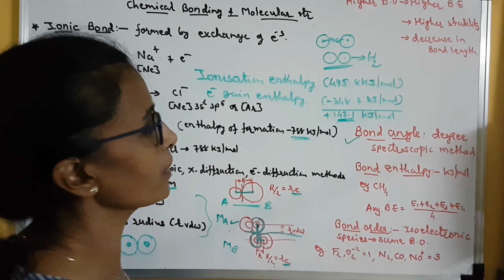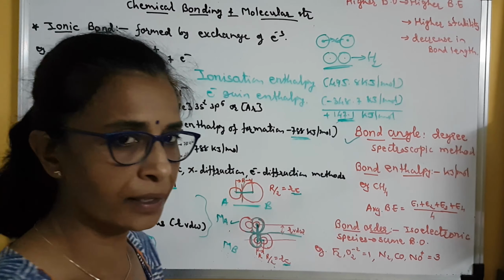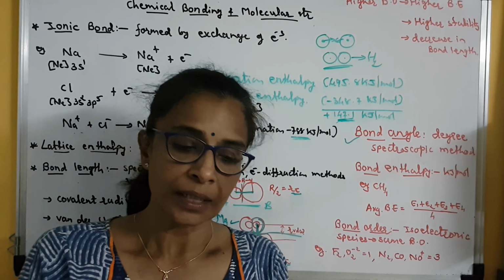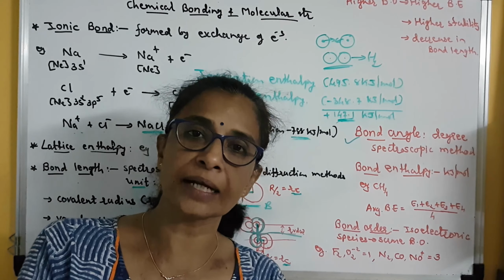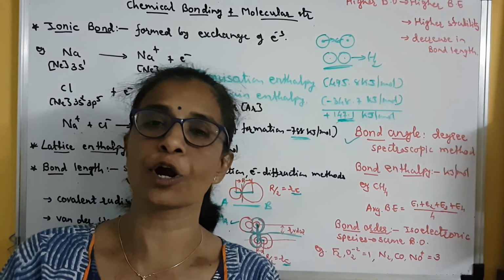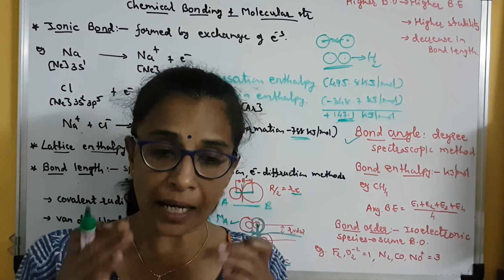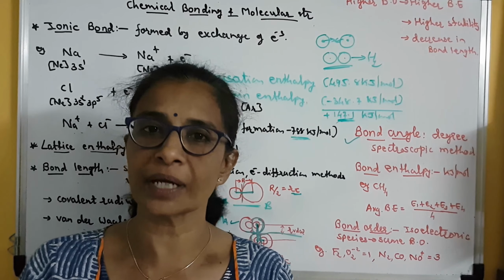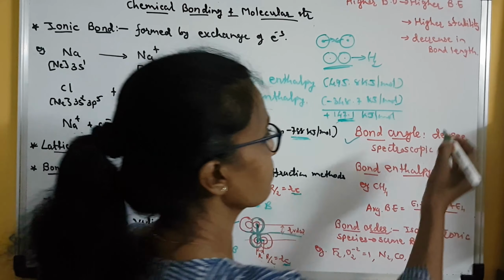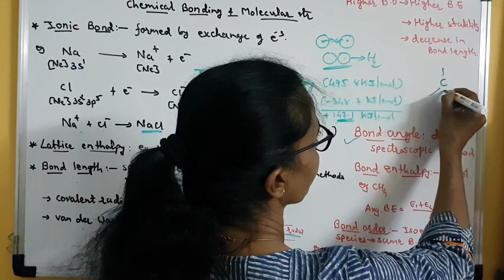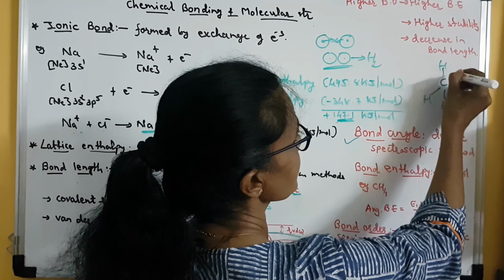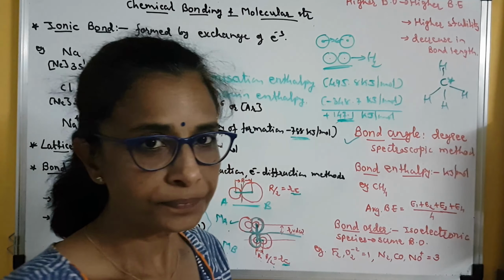Second is bond angle. Bond angle is the angle between the orbitals containing bonding electron pairs, clear, around the central atom in a molecule or polyatomic ion. Here, for example, suppose we take methane. Clear? This is the methane molecule. This is the central atom.